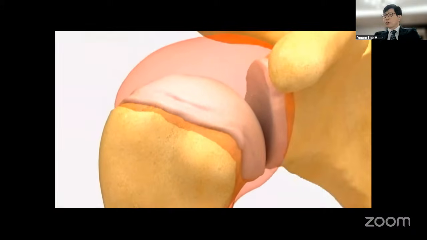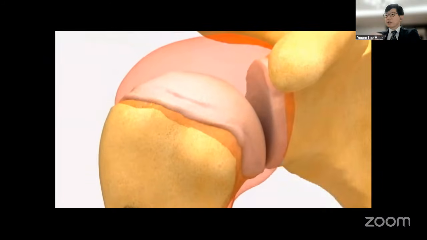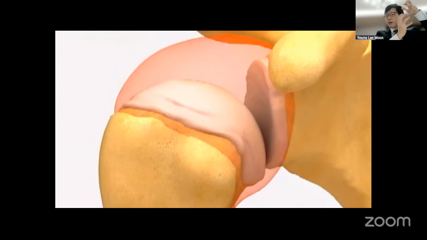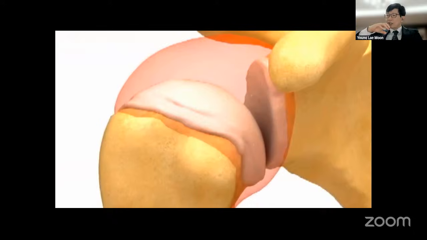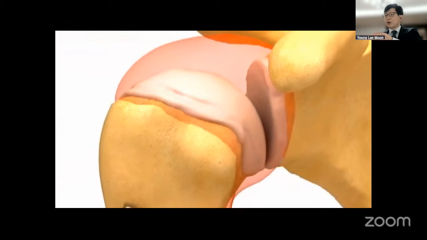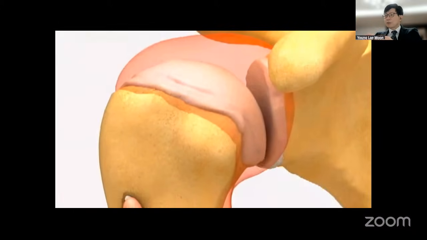In case of multidirectional instability of the shoulder, it is essential to assess anterior instability caused by capsular laxity. This illustration demonstrates the sulcus test, the key examination to assess inferior shoulder instability. When downward traction is applied to the relaxed arm, excess capsular laxity allows the humeral head to displace inferiorly from the glenoid.